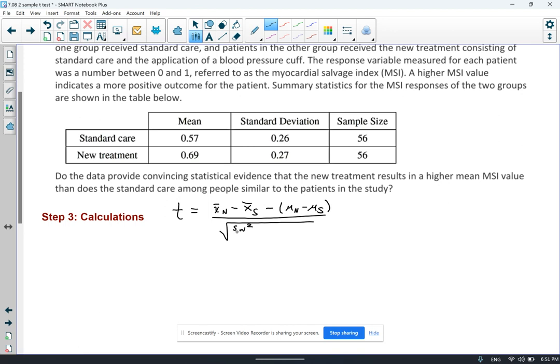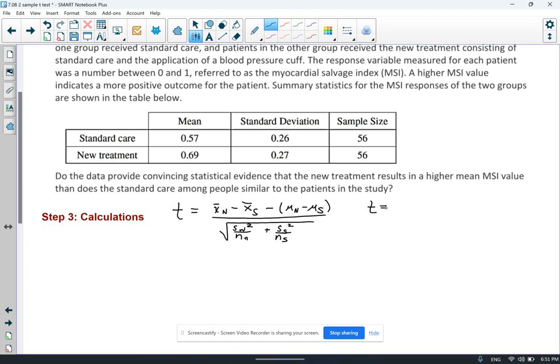That's s n squared over n n plus s s squared over n s. And again, you get this information directly from the formula sheet. And notice that the standard deviation is the same one that we use for confidence intervals.